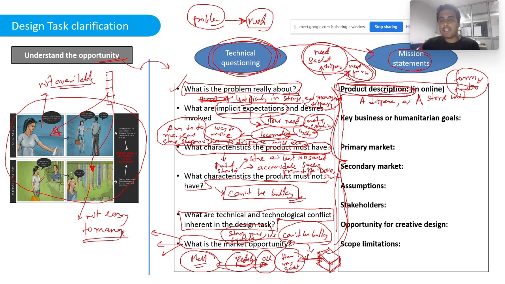Okay, so basically in a product description, this is one line. You are trying to define your product in a short passage or a single line, so you try to incorporate what the product basically is: is it a dispenser, is it a storage unit or something else, what its function or form is, and what problem it solves.